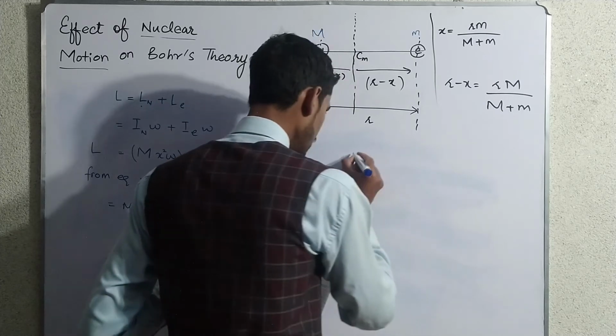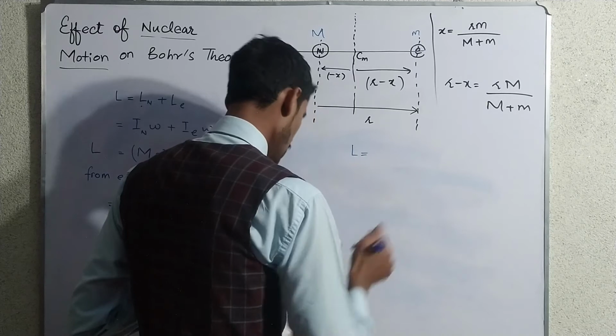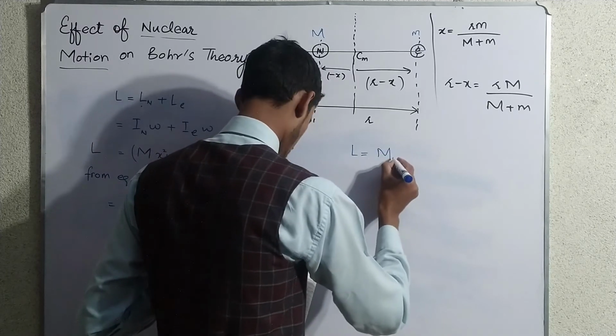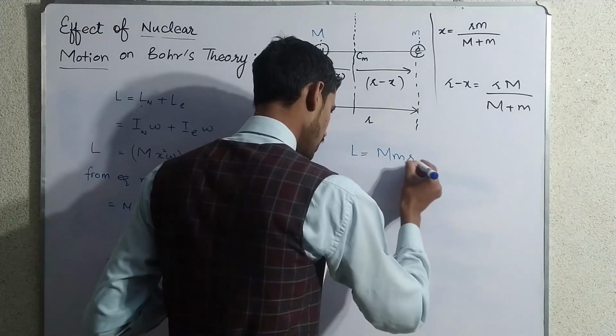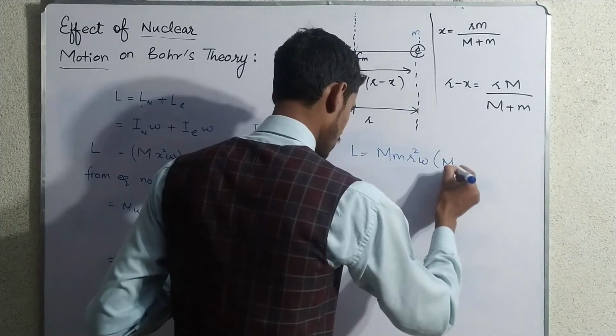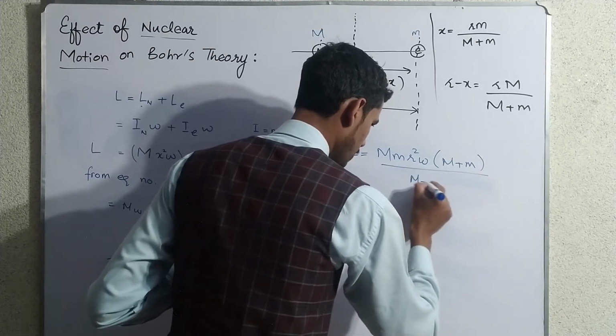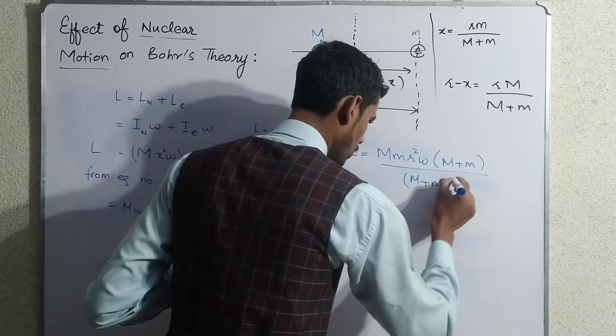L will be equal to, you can see now, small m r square, when you take the common, it will be a term like this, and here the common term will be m plus M whole square.